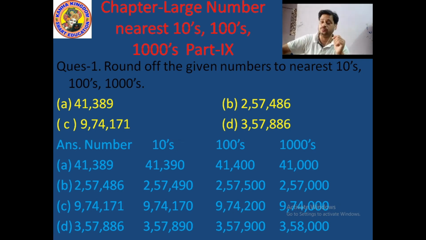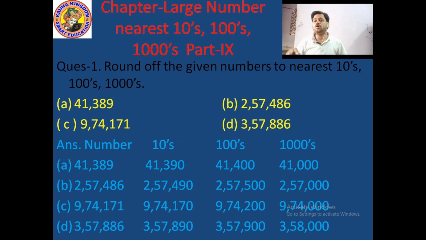So what you have to do is convert the tens digit and ones digit into 0, and add one to the 100 place. Which digit is in the 100 place? 8. So you add one to 8. So the exact answer of this number is 3,57,900. Clear it?